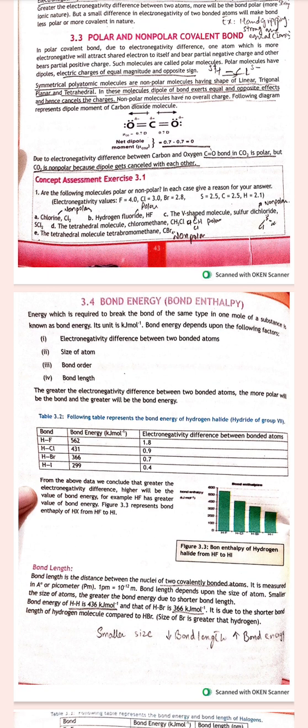Symmetrical polyatomic non-polar molecules have shapes such as linear, trigonal planar, and tetrahedral. In these molecules, the dipoles of the bonds exert equal and opposite effects, hence they cancel the charges. Non-polar molecules have no overall charge. For example, CO2 has no overall charge.